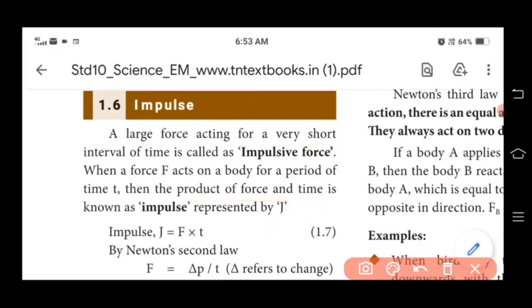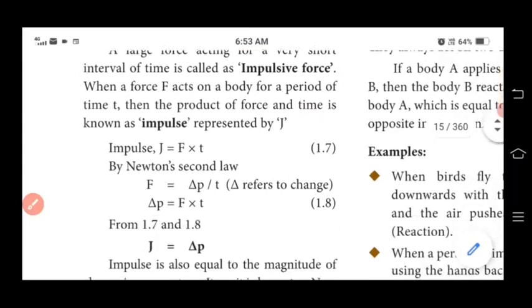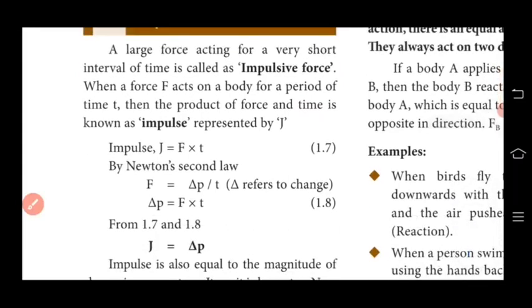And then, by Newton's second law, we know that F equals delta P divided by t. What is delta P? The change in momentum. We know that the delta symbol means change.